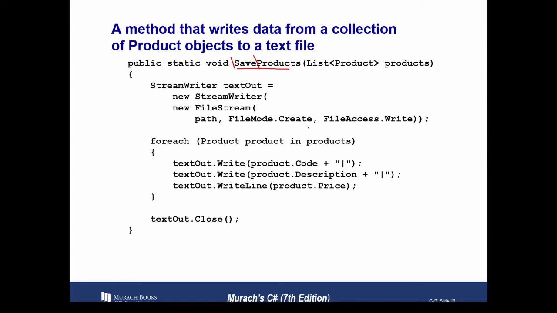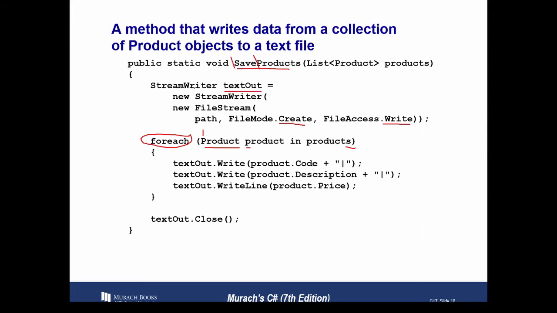You can see here we're doing a create and a write. And most importantly, you see this foreach, with product, uppercase, and product, lowercase, in products with an S. So you can see here we've got our text out right here.